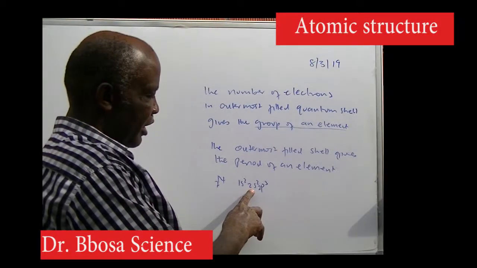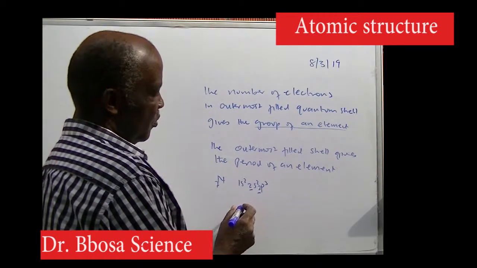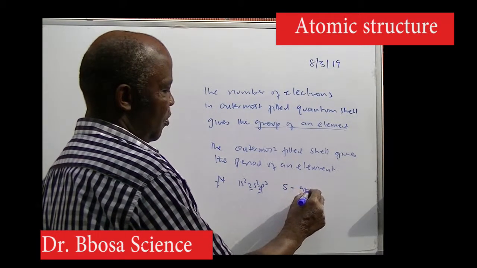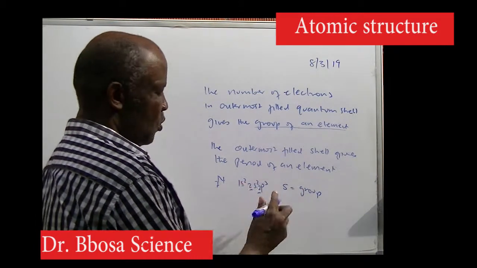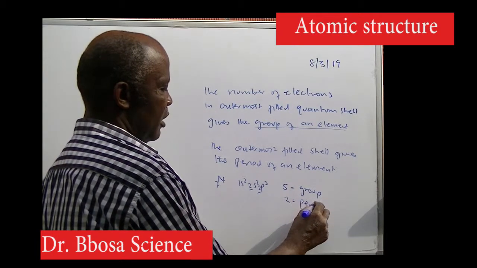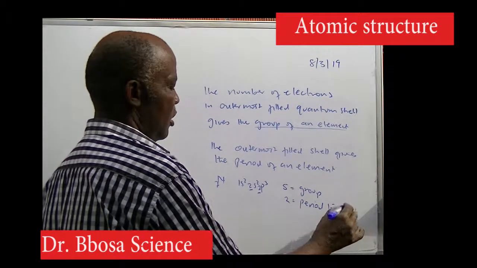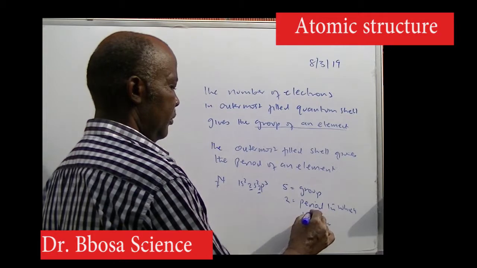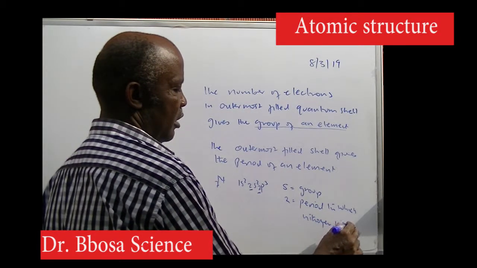So the number of electrons in the outermost shell of nitrogen is 5. So 5 is the group of nitrogen. Then 2 is the period in which nitrogen resides.